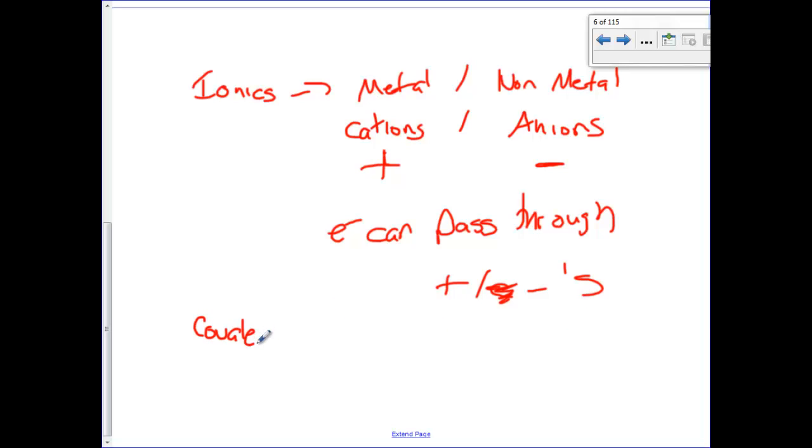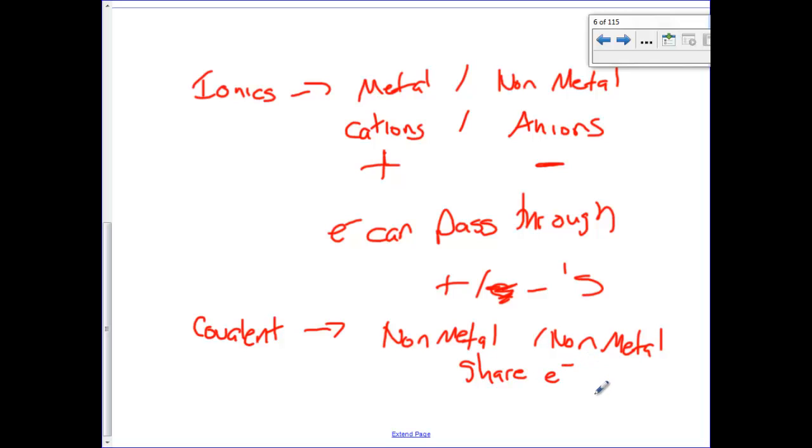But covalent is a bit different. What are covalent compounds made from? Two nonmetals. Non-metal with another non-metal. And these guys function a little differently. They have to share their electrons.